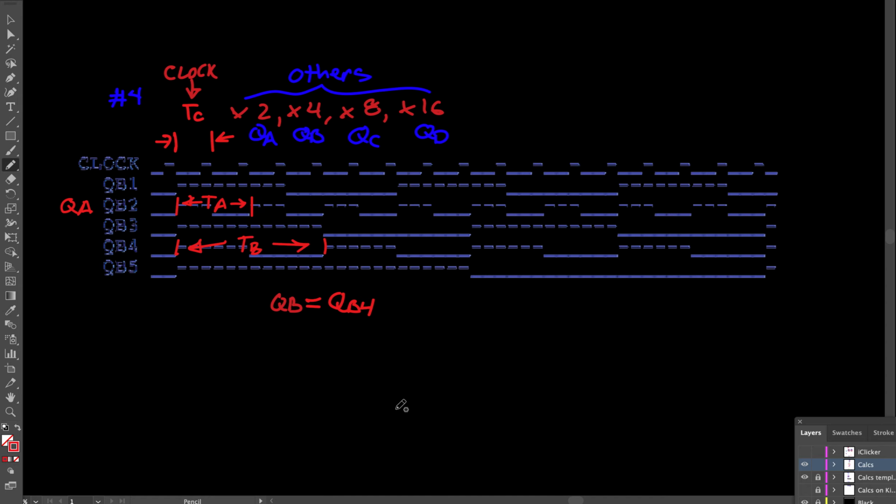Now it's your turn. Corresponding to writing an answer in the blue box, QB equal QB4 with no spaces, tell me what the waveform is associated with QC if you obey this relationship up here between the period of QC and 8 times the period of the clock.